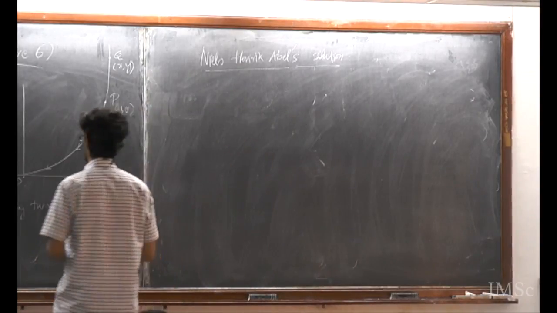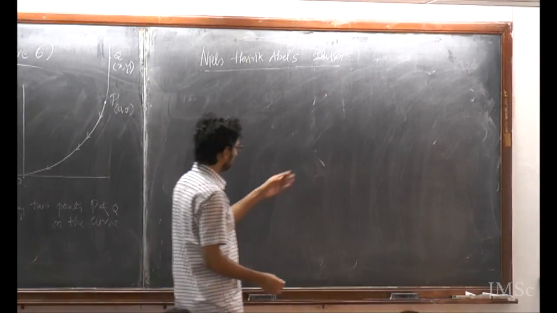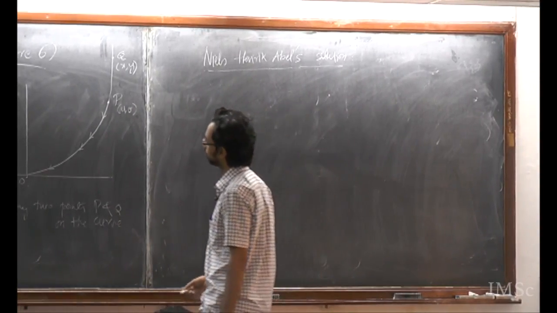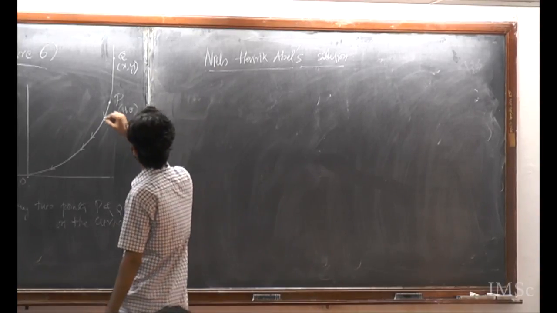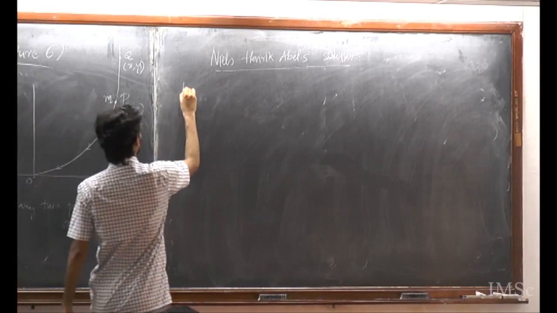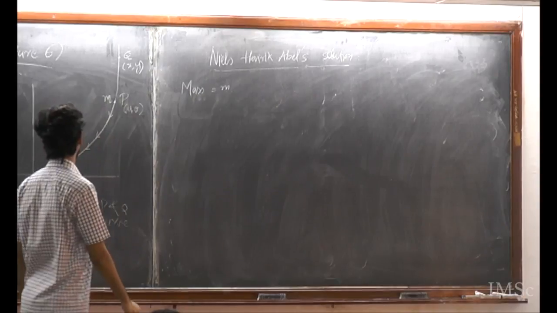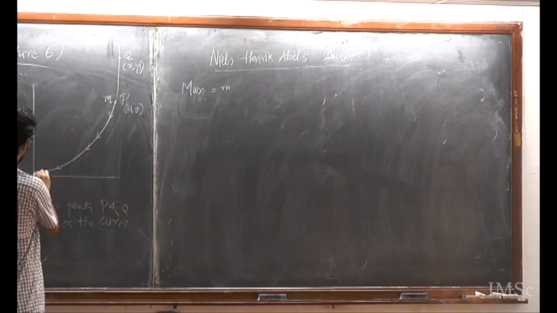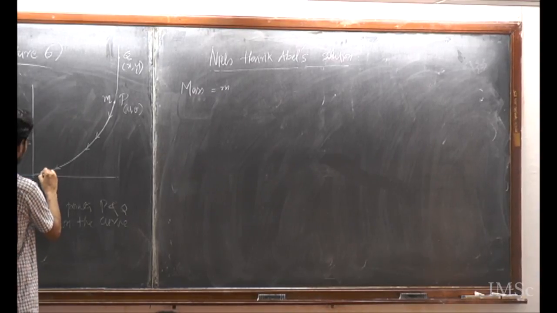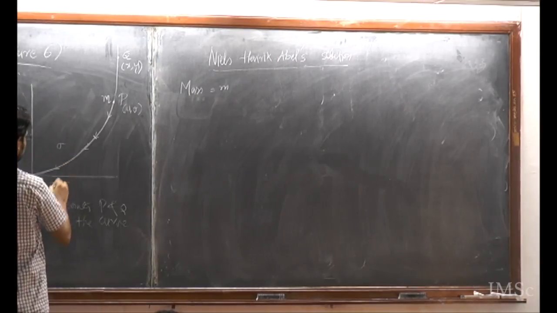So let's say the mass of the bead is m. And starting from O, the distance along the curve is given by sigma.